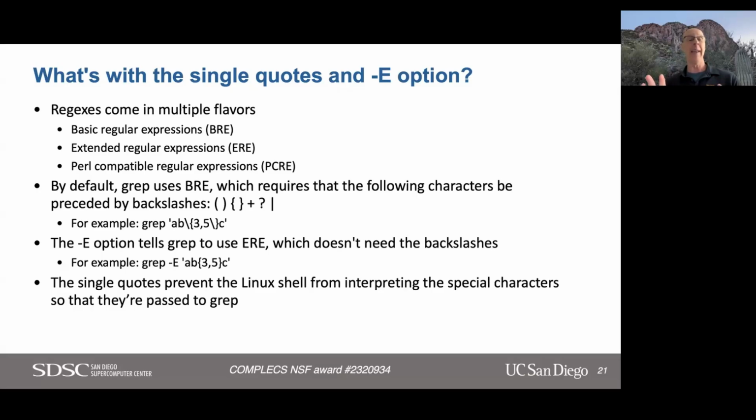If I use the -E option, that tells grep to use extended regular expressions which don't need the backslashes. So now we could write that simply as AB, and in curly braces, 3, 5, C. And the single quotes around all of that prevent the Linux shell from interpreting the special characters so that they're passed to grep.